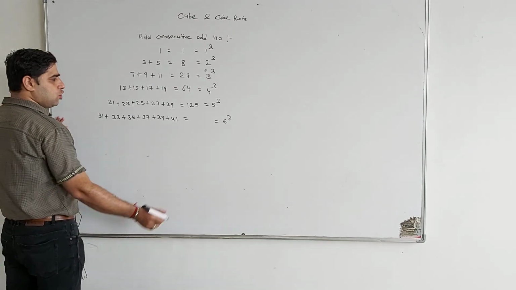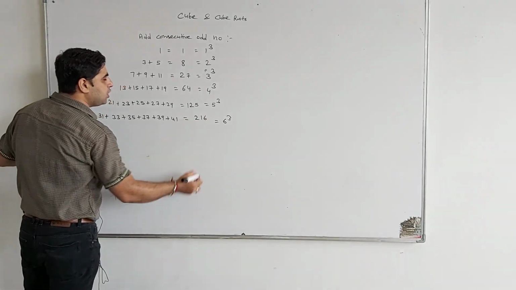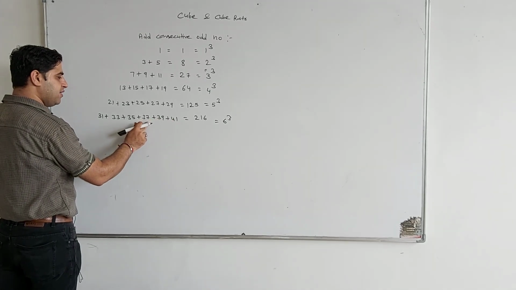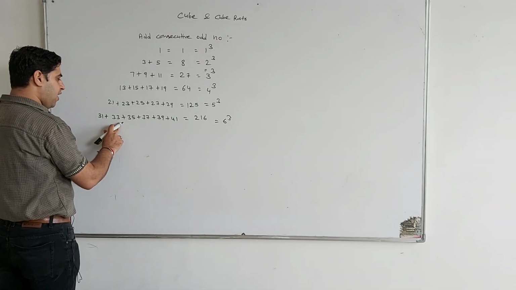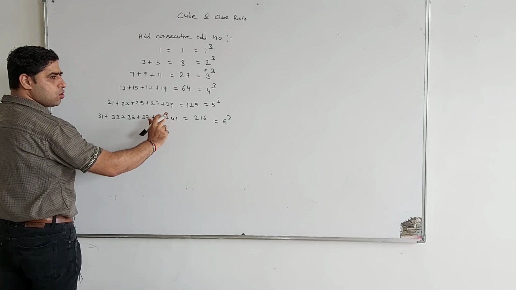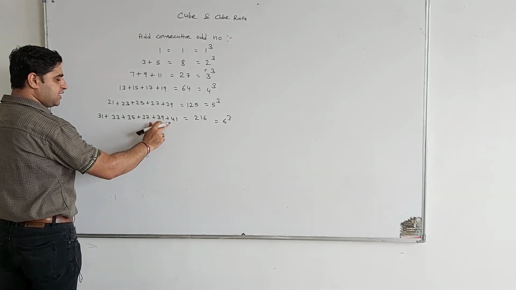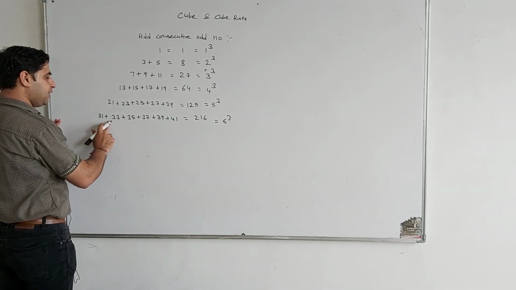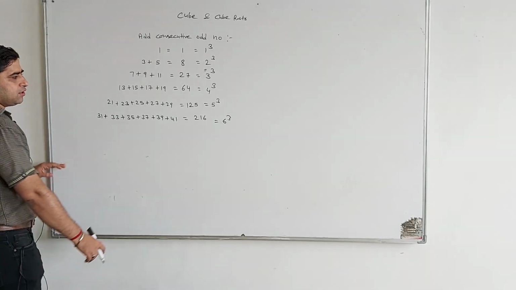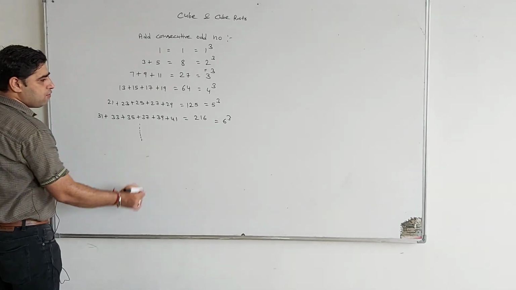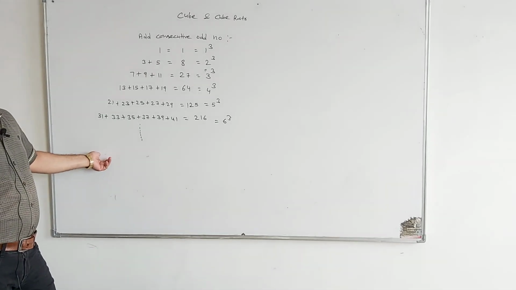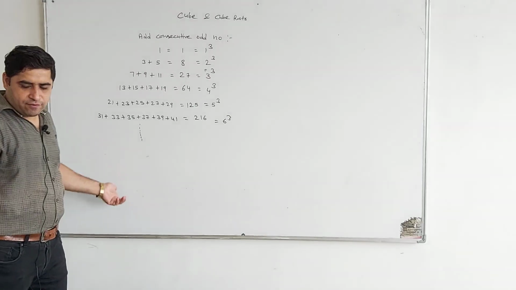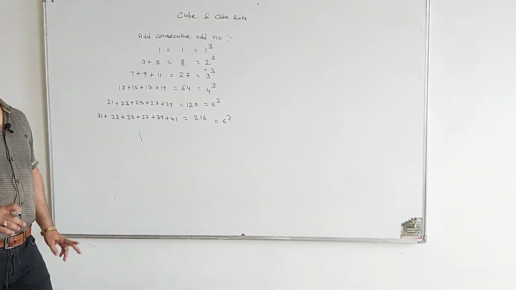What is 6 cube? That is 216. Follow the same pattern and you can write 7 cube, 8 cube, 9 cube. This type of question will be asked in competitive exams.